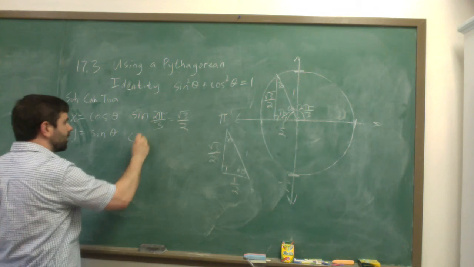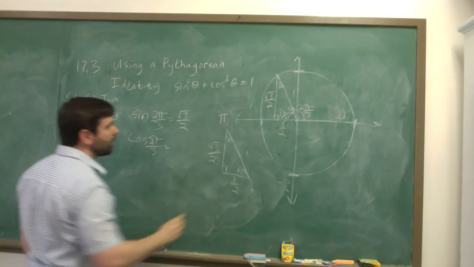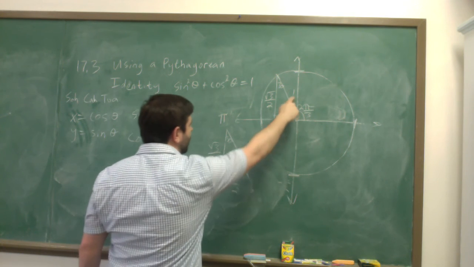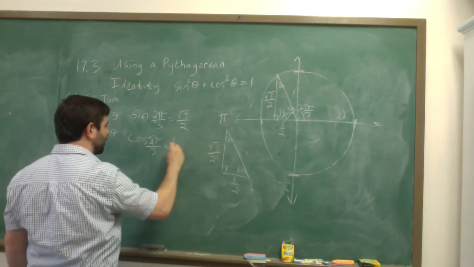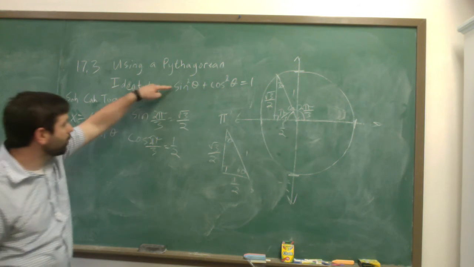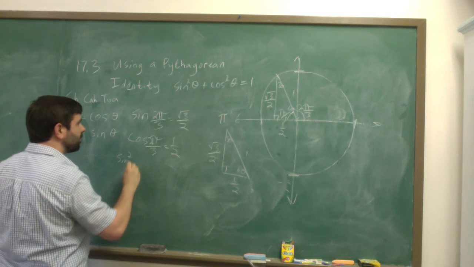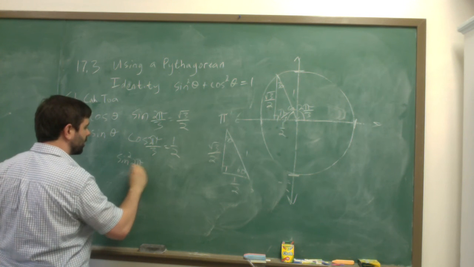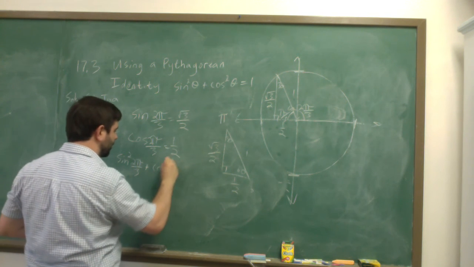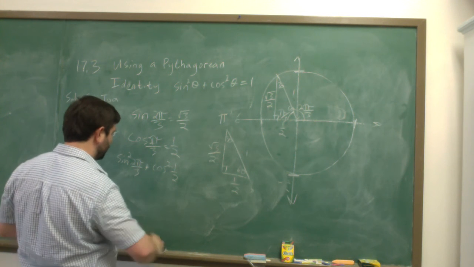And cosine of 2 pi over 3. Cosine is adjacent over hypotenuse, so this is going to be 1/2. Okay, so now let's plug it into our formula. Sine squared of 2 pi over 3 plus cos squared of 1/2. Oh, this is 2 pi.